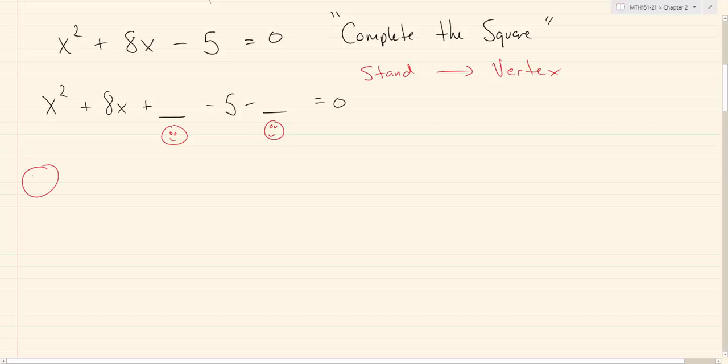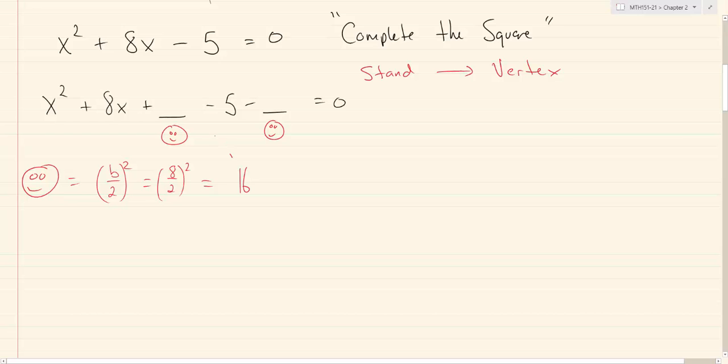And so what is the something that we need to add? We said that the number that works is b divided by 2, squared. So you take your middle term, you divide it by 2, and you square it. And that's what you put in for the smiley face, and good things are going to happen. In our case, that's 8 divided by 2, squared, which is 16.